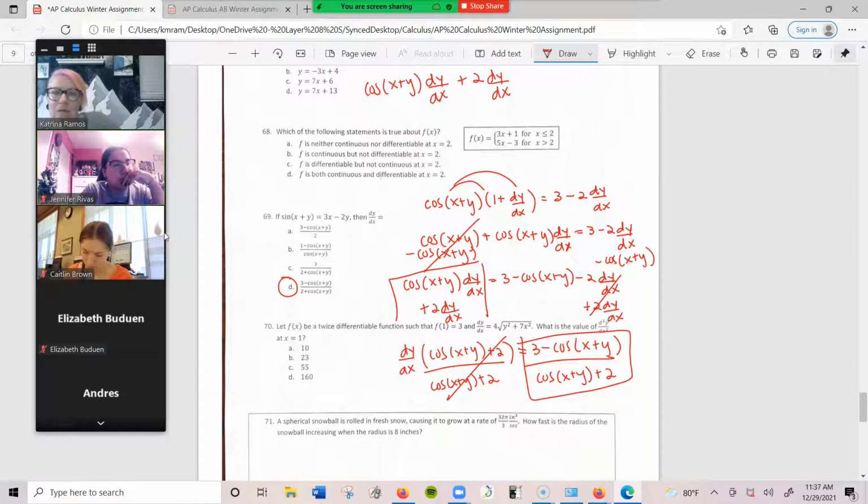So what I did is I skipped a step in the sense that I didn't rewrite it, but they both have the dy dx, so I factored it out. And then what I had left was the cosine of x plus y, and then the plus 2. That's okay. You're welcome.